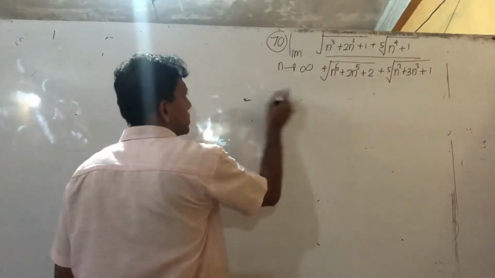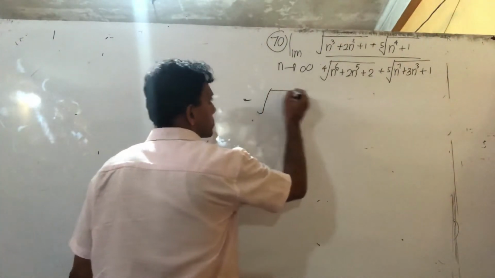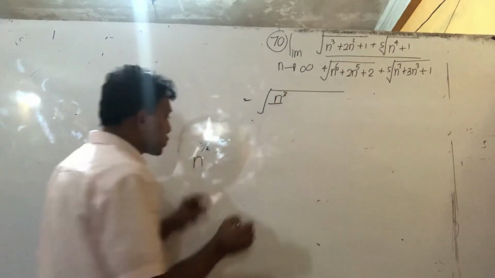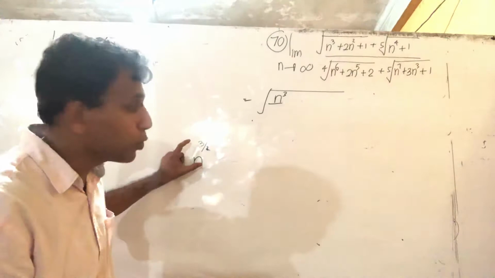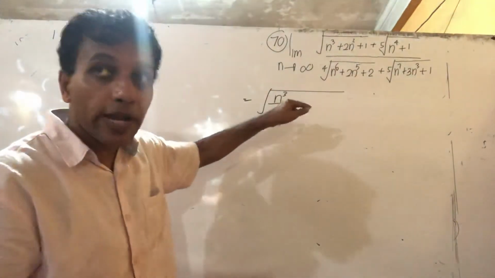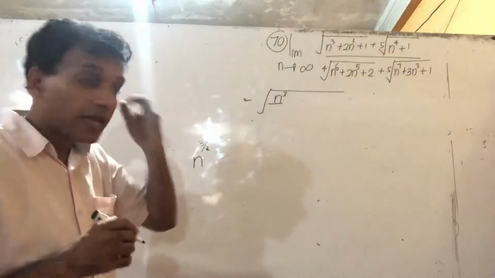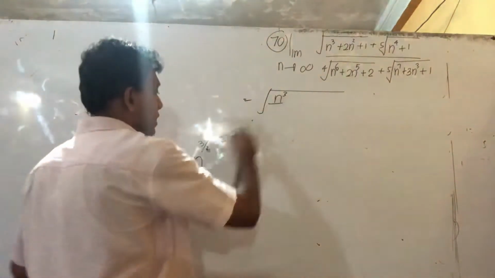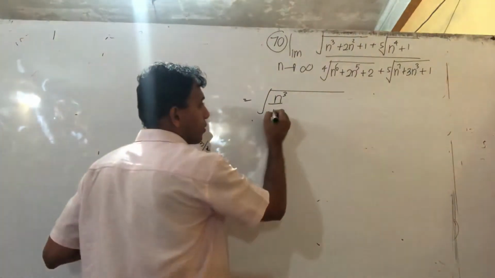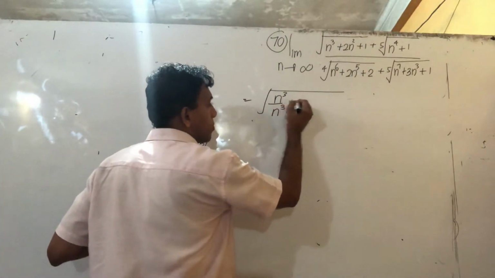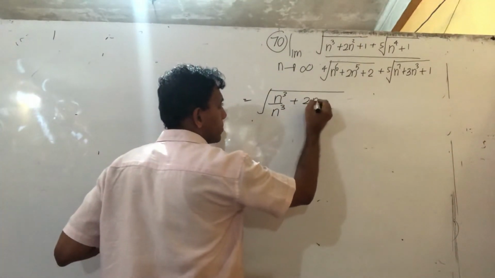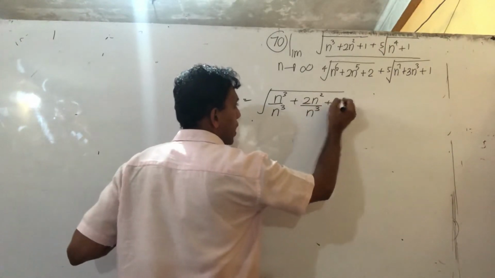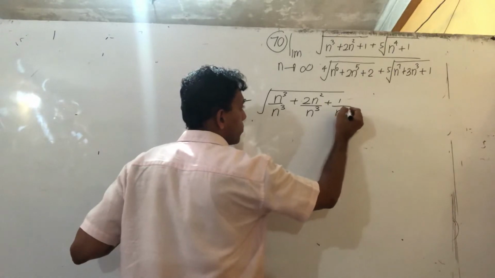Therefore, see the method. Here n cube. So outside n to the power 3 over 2, if you put it inside the root, it becomes a square of that. Therefore it cancels. 1 n cube, if you write a square, that's 3. That's n cube, right? n cube plus 2n square over n cube, plus 1 over n cube.